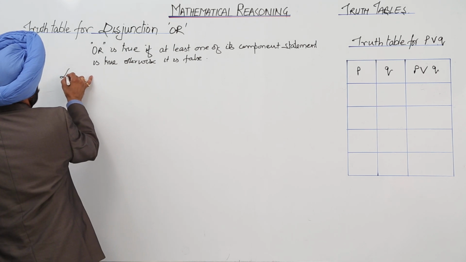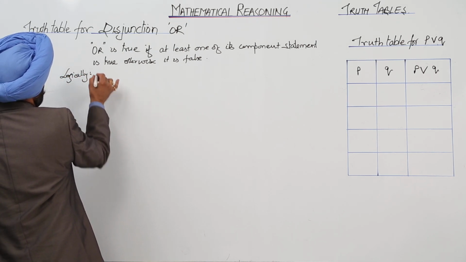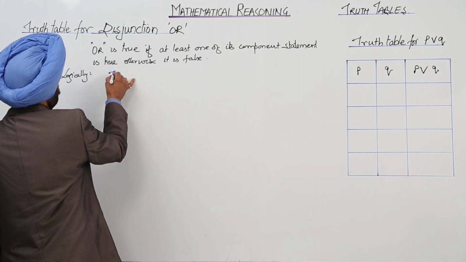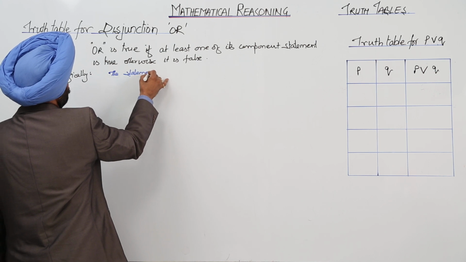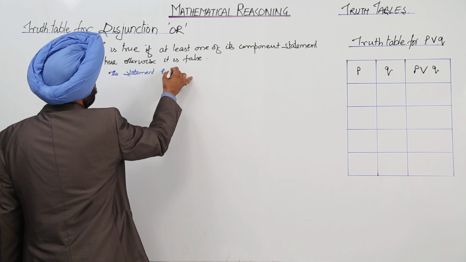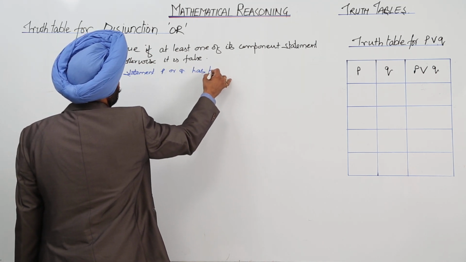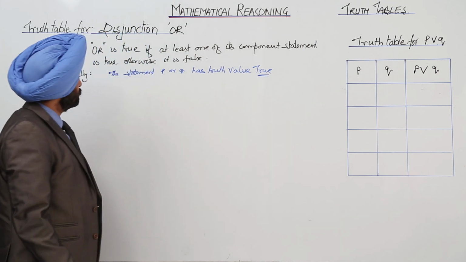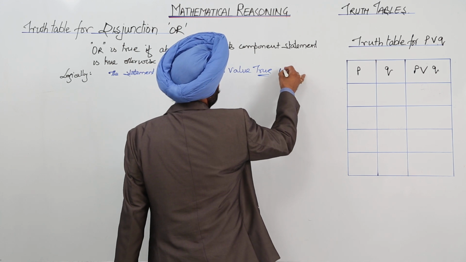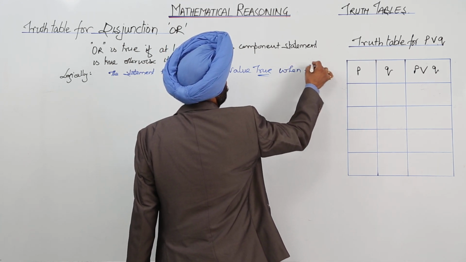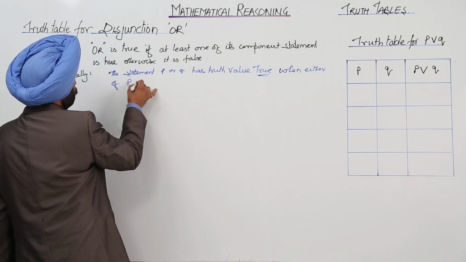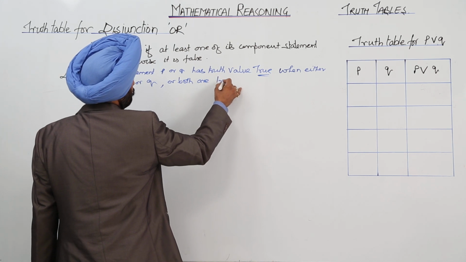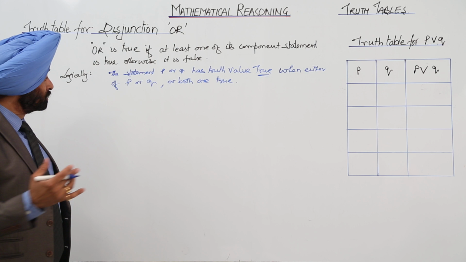Now logically, we can write it: the statement P or Q has truth value true, okay, the statement P or Q has truth value true when either of P or Q or both are true or their truth value is true.